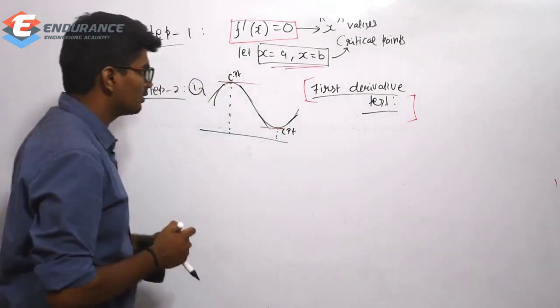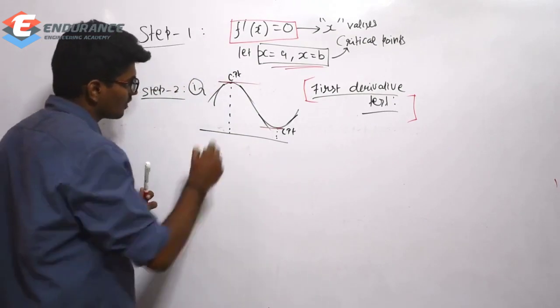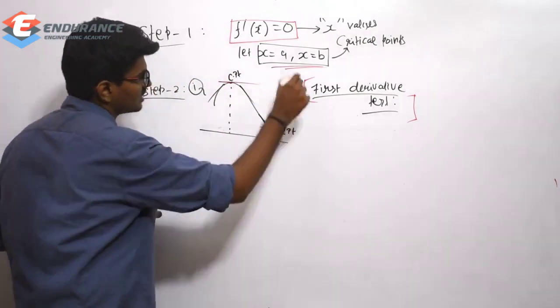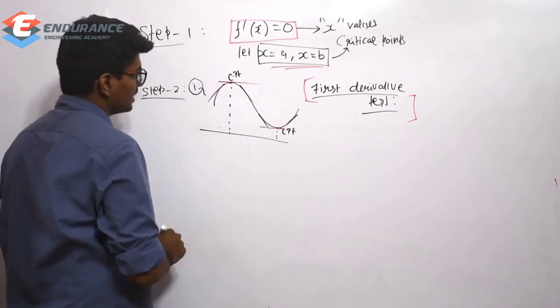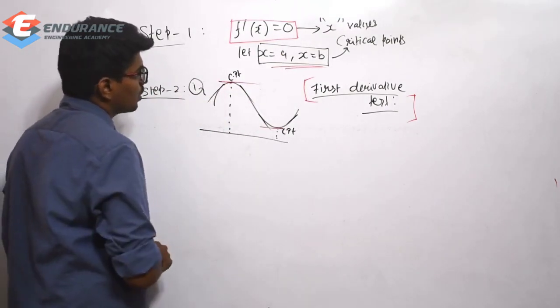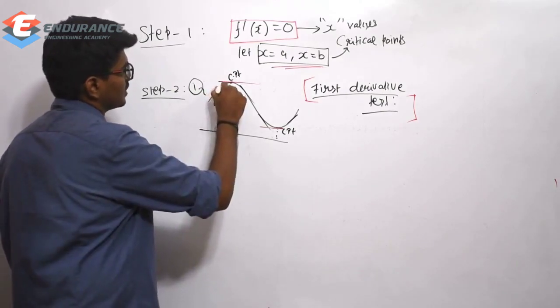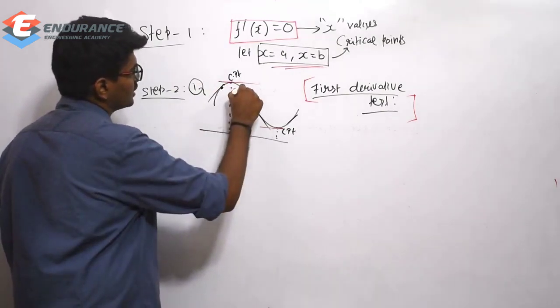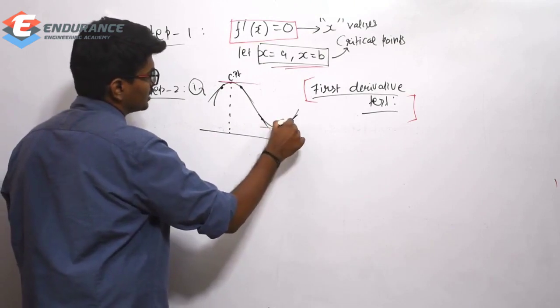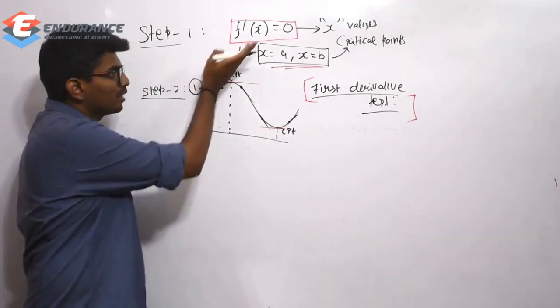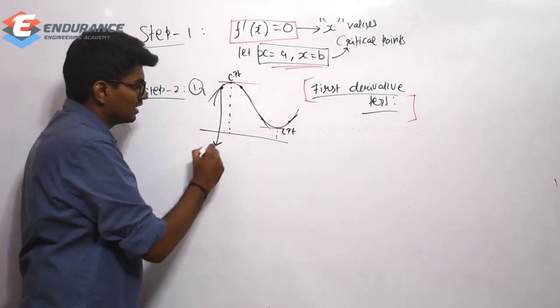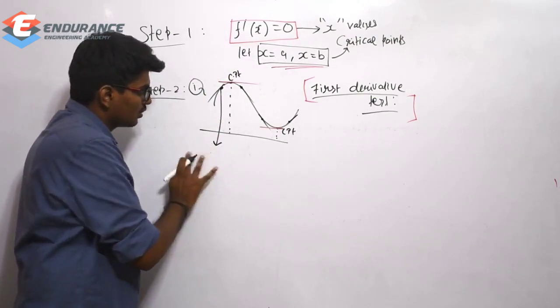So what we need to do here: see, it is getting increased, then decreased, and then increased. You can see what the value of the slope is at this point, this point, this point and this point. You can see very easily that the slope is positive here.